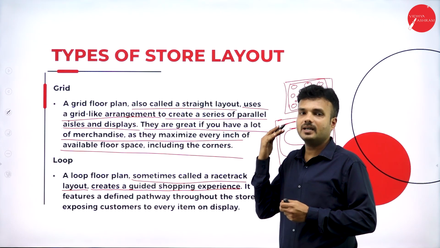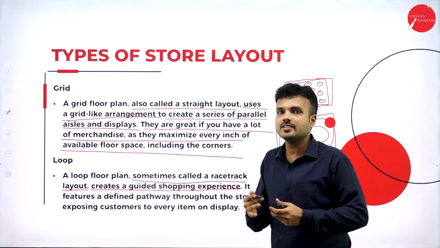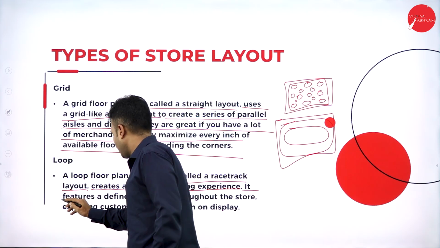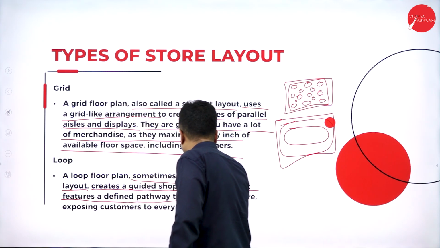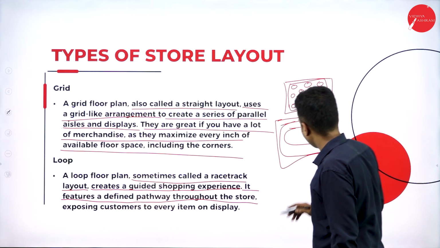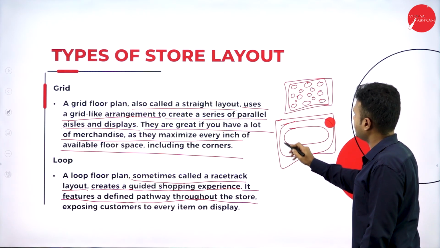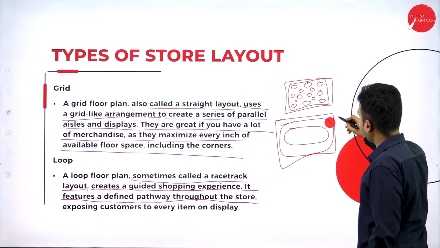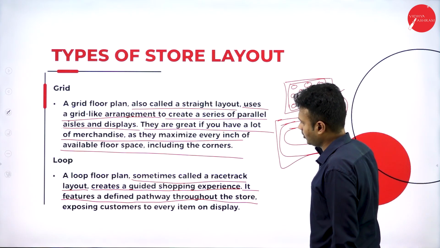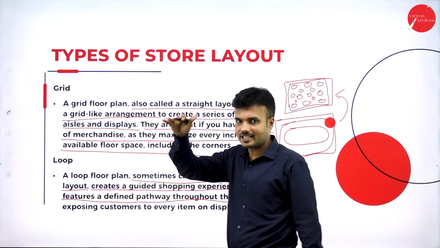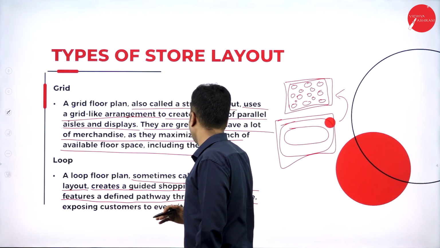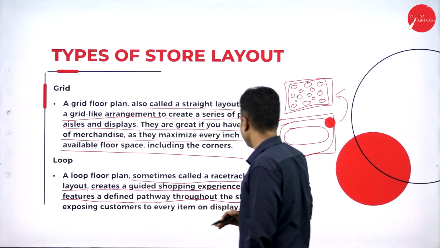Means there will be a board or an advertisement which is going to represent the quality and the product. It features a defined pathway throughout the store. So it is going to make a defined pathway. It is well defined. This is not well defined. So this is a defined pathway throughout the store, means it is going to utilize each and every corner of a store, exposing the customers to every item on display.